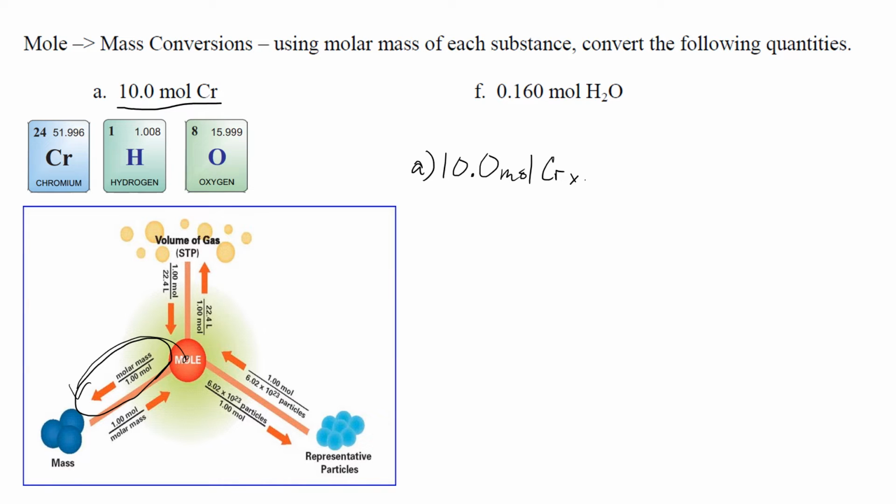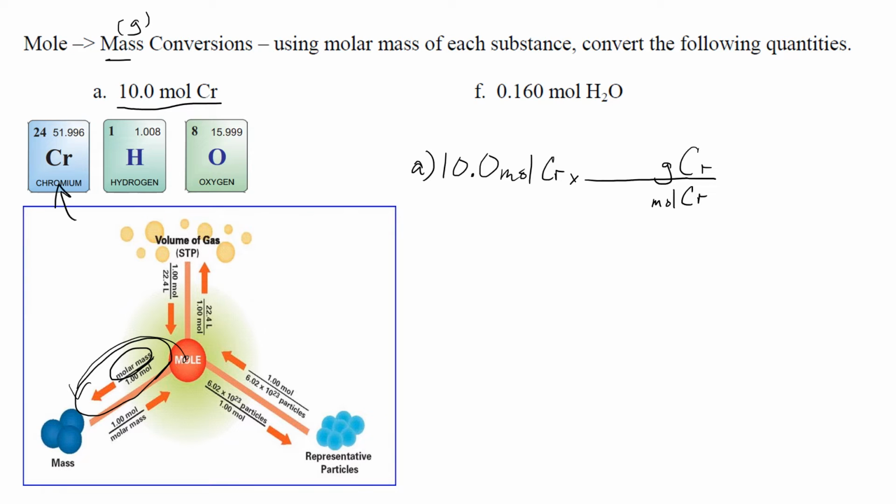And as you know, to get out of this unit, we put the unit on the bottom, moles of chromium. And we want to go to mass, which is going to be in grams. So up here, we're going to write grams of chromium. Whenever we're doing molar masses, we just look at the periodic table.